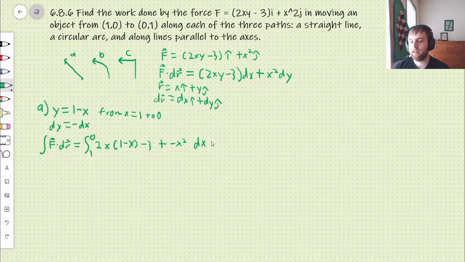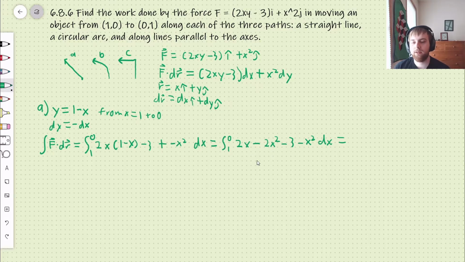Rewriting this, we get the integral from 1 to 0 of 2x minus 2x squared minus 3 minus x squared dx. We can just add these two together.